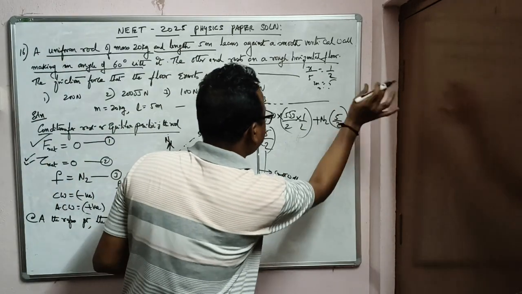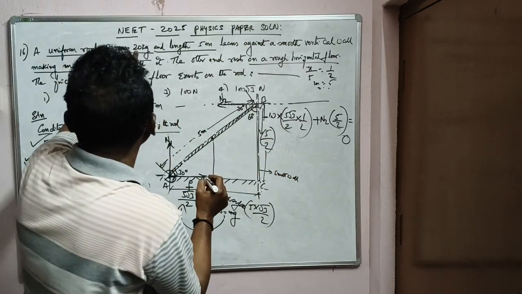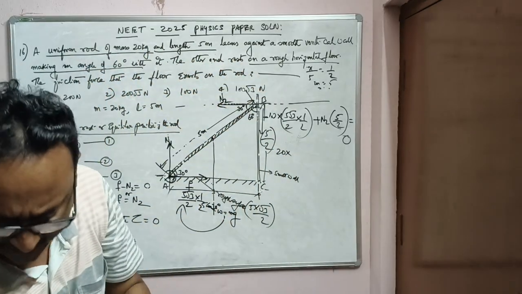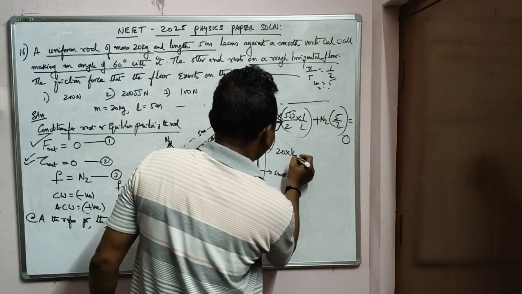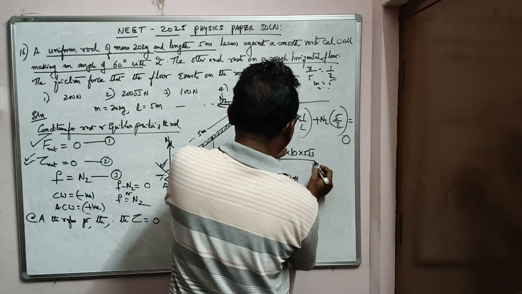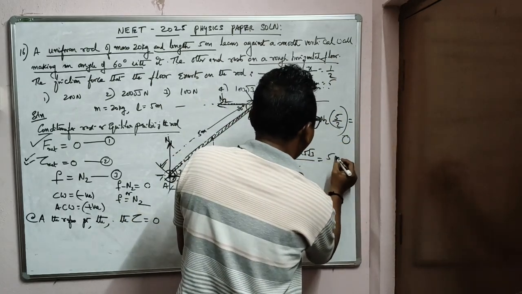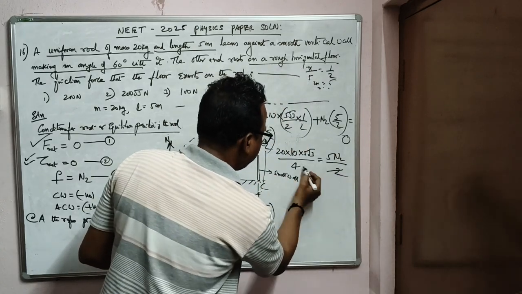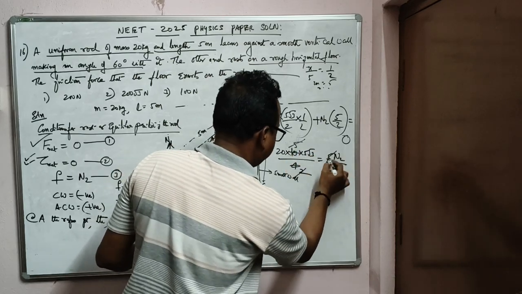Now we'll solve this. Take this one to the other side. W is mg. The mass is already given as 20 kg, and the g value is given as 10. So 10 into 5 root 3 by 2 by 2, 2 twos are 4, is equal to 5 N2 by 2 on the right side. 2 cancels with 2, and 5 cancels with 5.